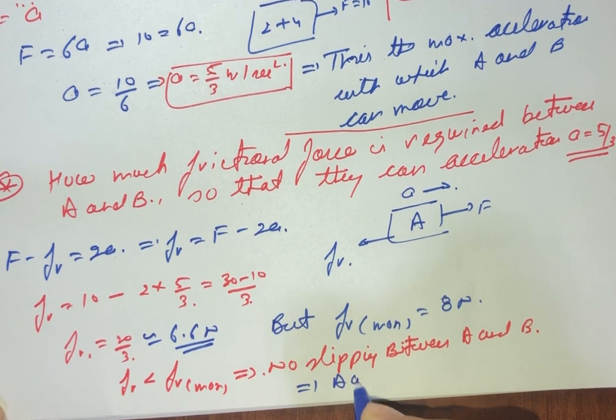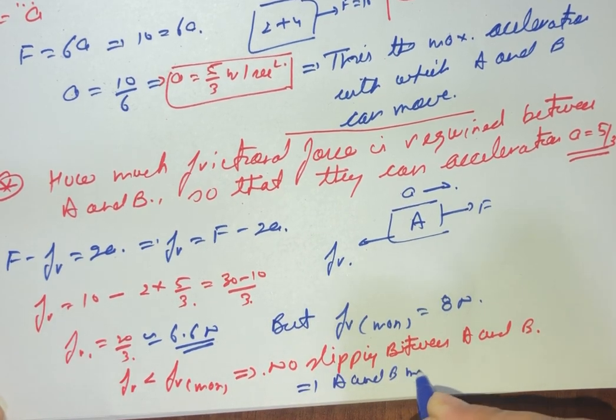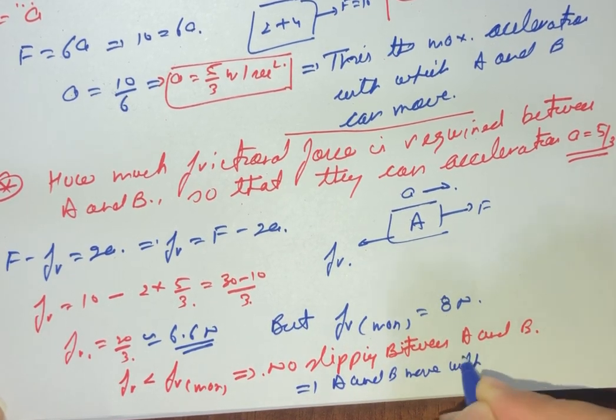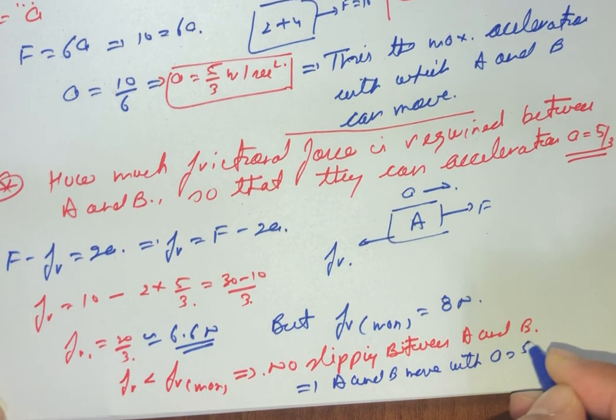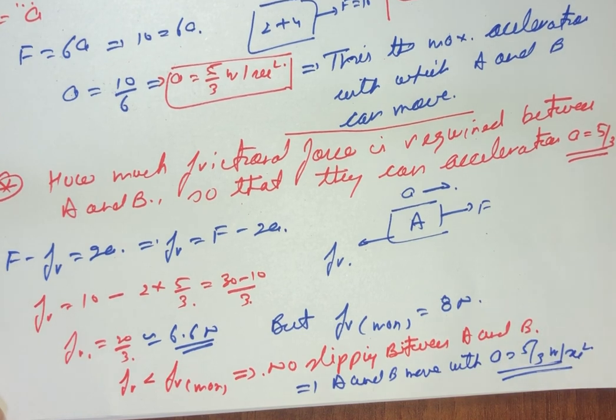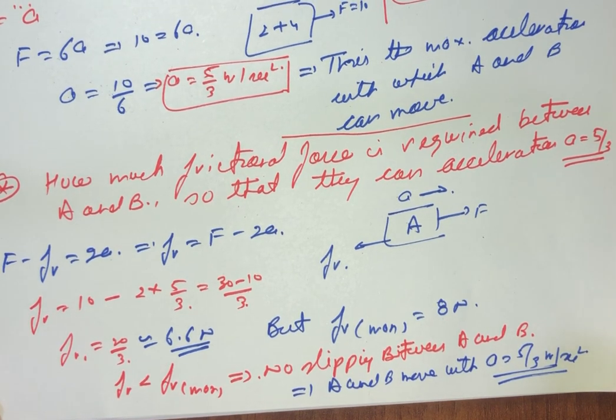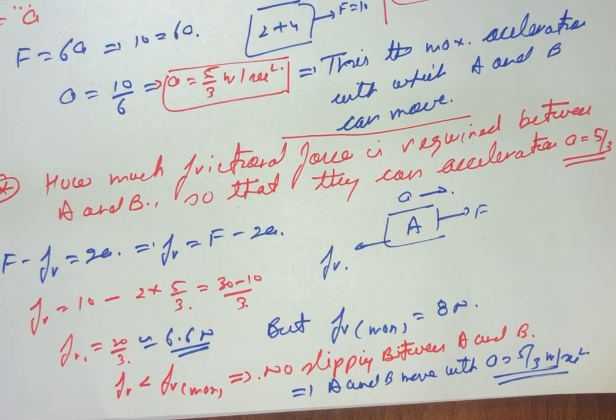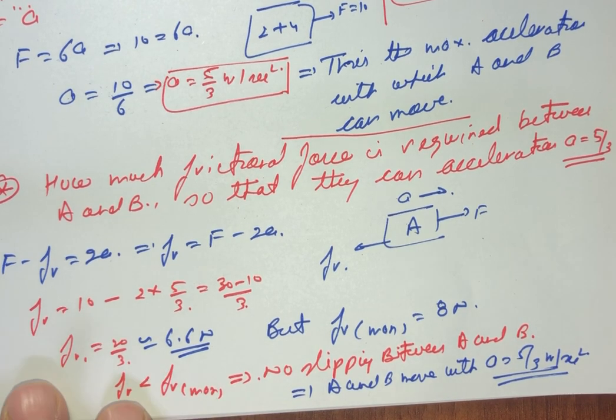So A and B move with a equal to 5/3 meter per second square. So this completes the 3 questions. Okay, thank you.